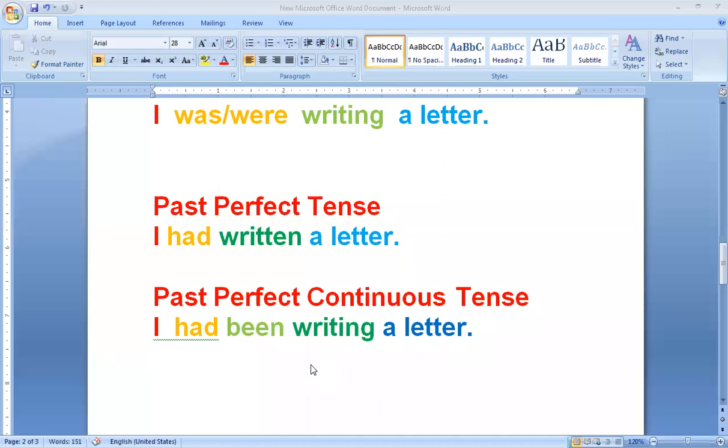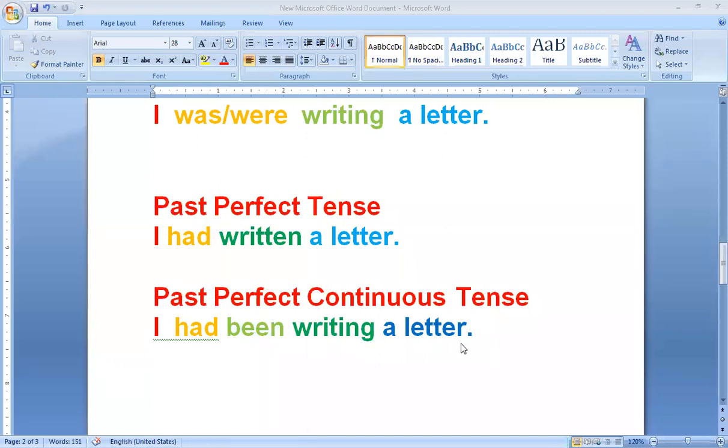Present tense is used to indicate the present actions, and then according to their time, those actions are divided into simple present tense, I write a letter, present continuous tense, I am writing a letter, then present perfect tense, I have written a letter, and present perfect continuous tense, I have been writing a letter.